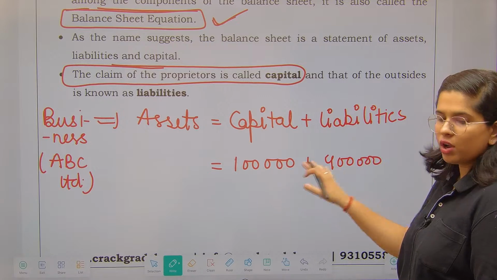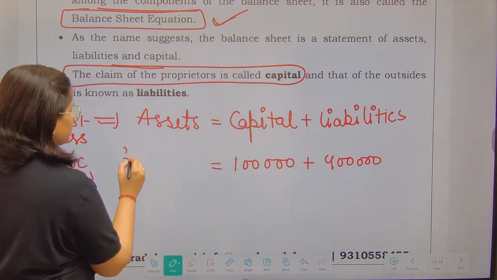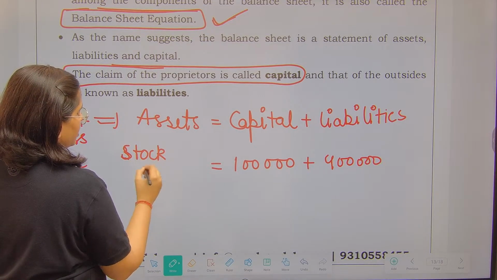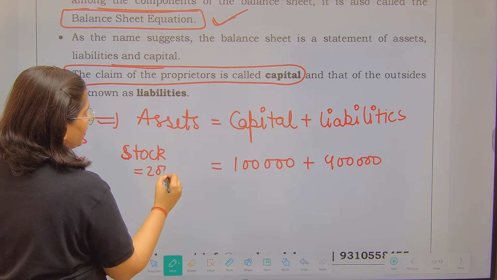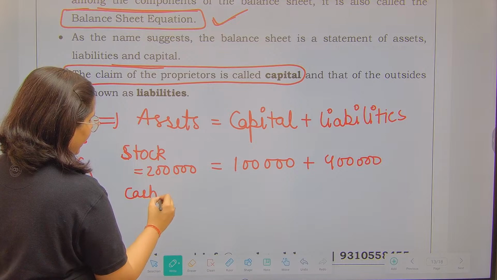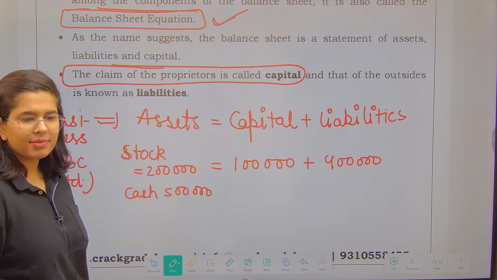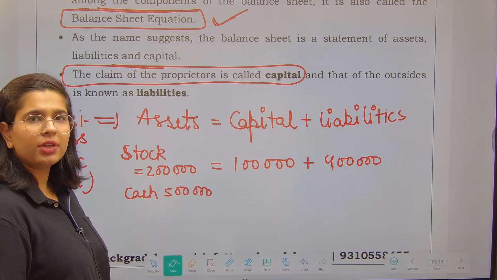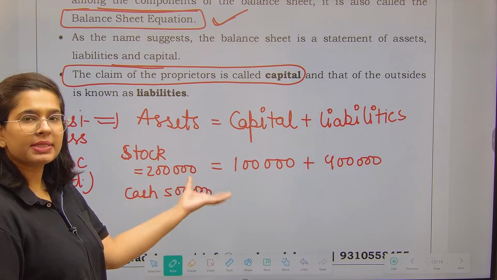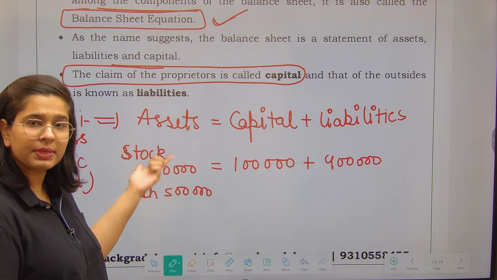And with the total of 5 lakh rupees, I have bought some stock, 2 lakh rupees worth of stock, and the rest amount is in my cash. So when I'm saying my cash, it is actually not my cash but the business's, right? Capital is the business's, liability is the business's and assets are the business's.